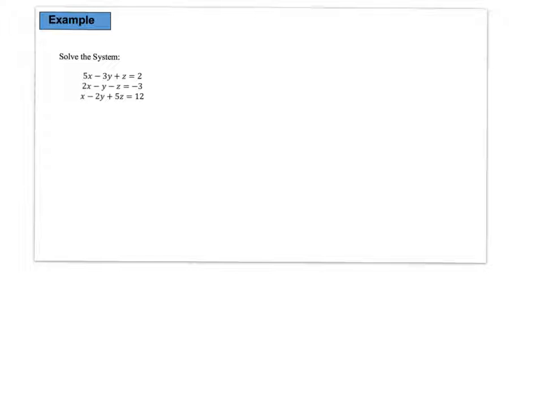So now we're going to solve a system of equations in 3 variables. We're going to use the substitution and addition methods, just like we did with a system of equations in 2 variables. Now it takes a few more steps because we have 3 equations and 3 variables.